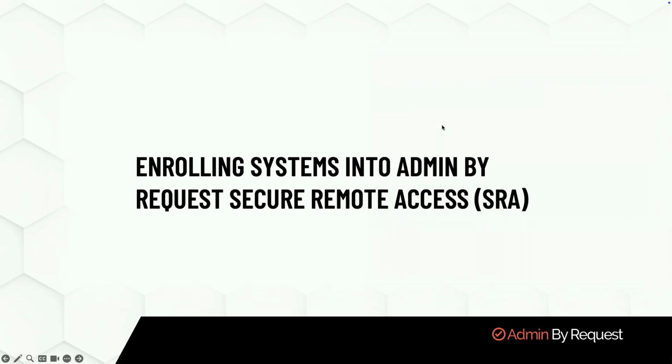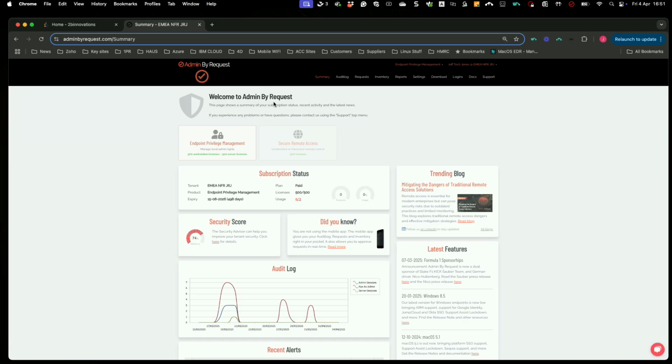Going back to the portal now, when you start off with a free plan with us, like we have on the page here, the EPM, the Endpoint Privilege Management solution, is the functionality that manages local admin rights. This is what is enabled as default.